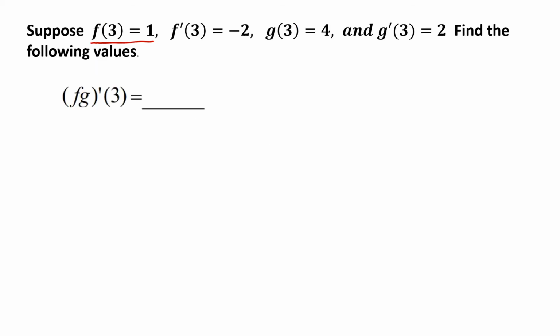Suppose f of 3 is equal to 1, f prime of 3 is equal to negative 2, g of 3 is equal to 4, and g prime of 3 is equal to 2. We want to find fg prime of 3. So what this is saying is we want to find the derivative of f of x times g of x. So fg is a product.